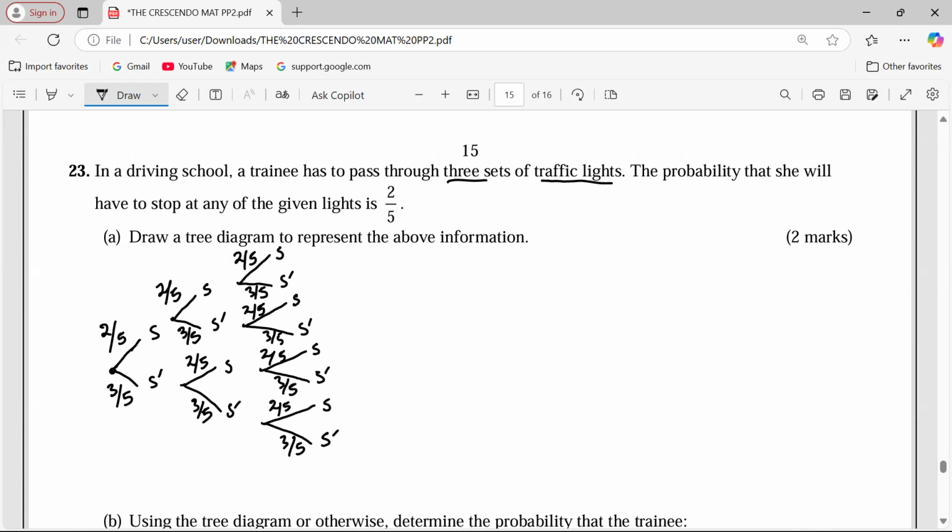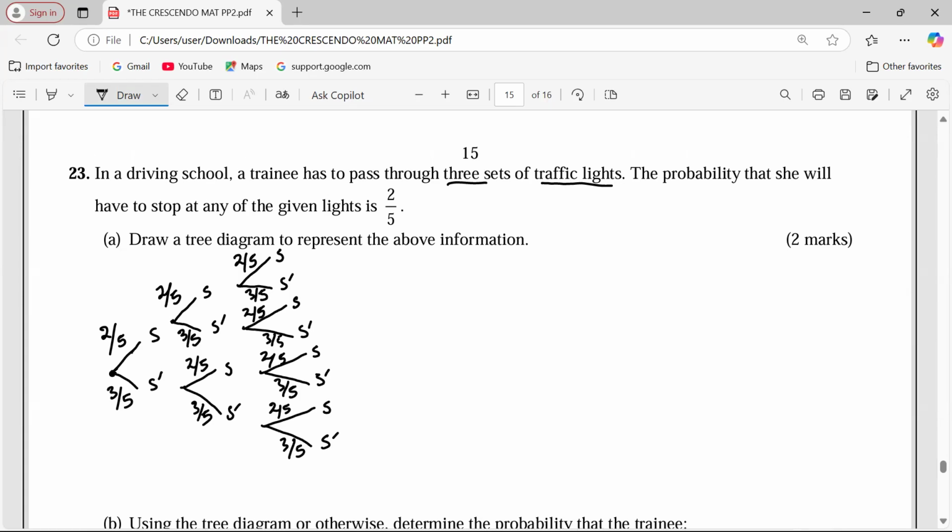So with this, we can outline all the outcomes at the end of the bracket. For you to have an easier time interpreting the questions, after this, you can have the outcomes listed there. From the first bracket, stopping, stopping, stopping. Then in the second one, stopping, stopping, not stopping. Then third case, stopping, not stopping, stopping.